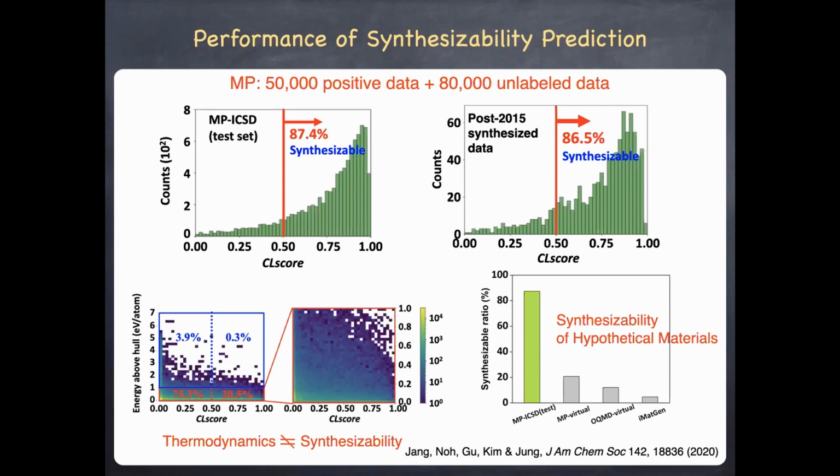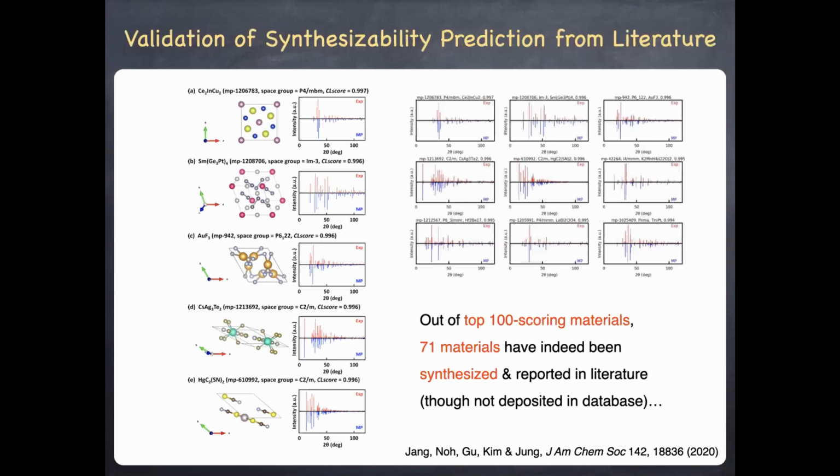If you look at the bottom left corner, synthesizability score and thermodynamic stability has almost no correlation. In other words, very stable materials are not synthesizable, and sometimes very metastable materials are highly synthesizable. So thermodynamics is not always equal to synthesizability.